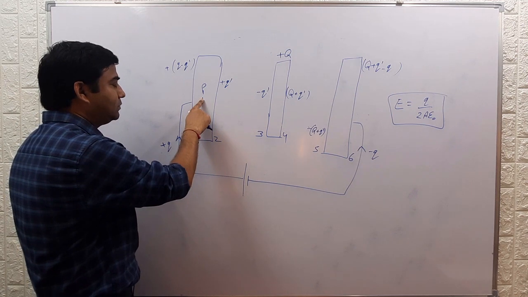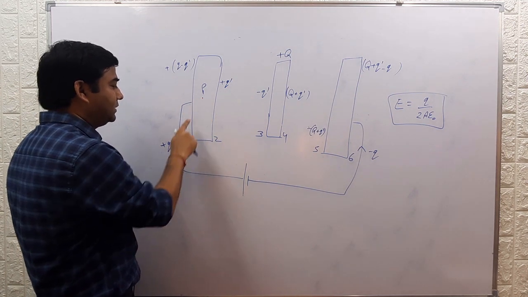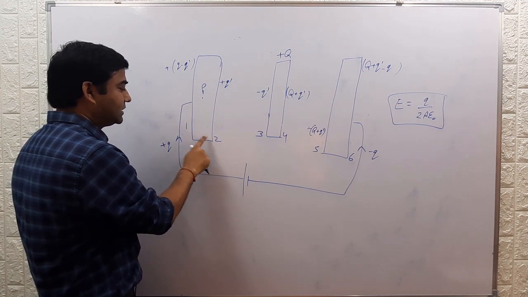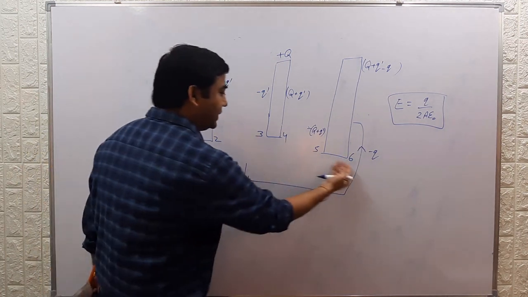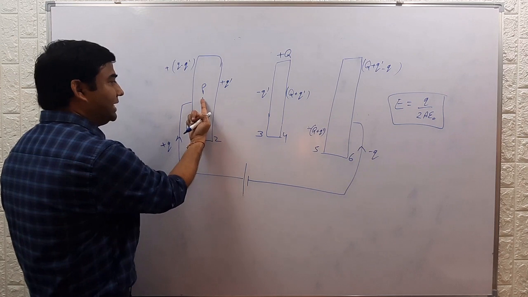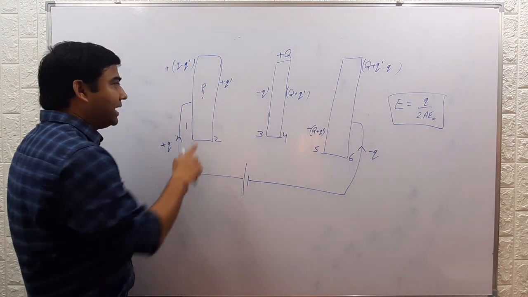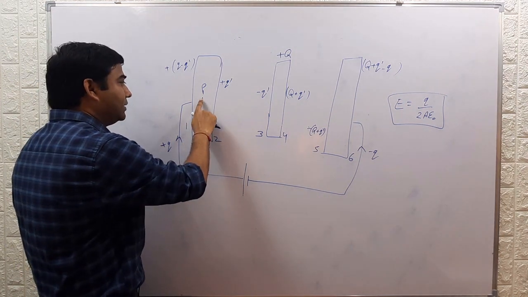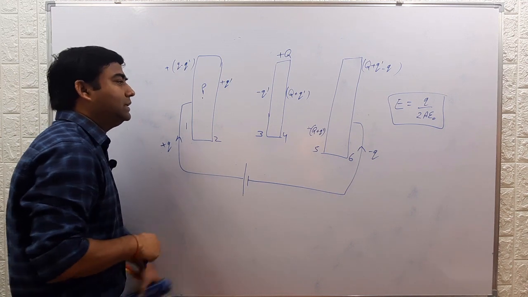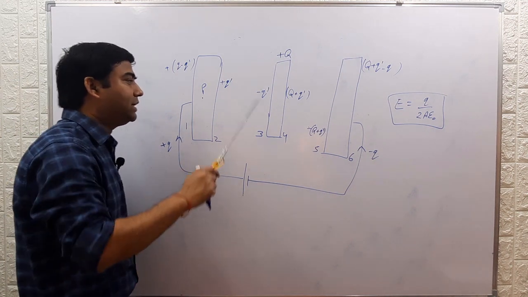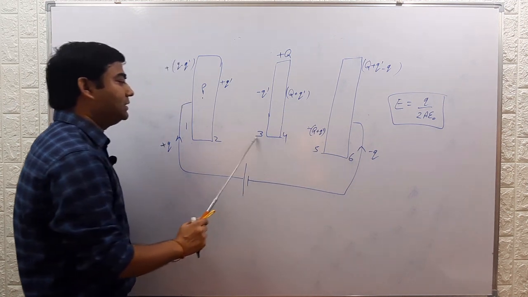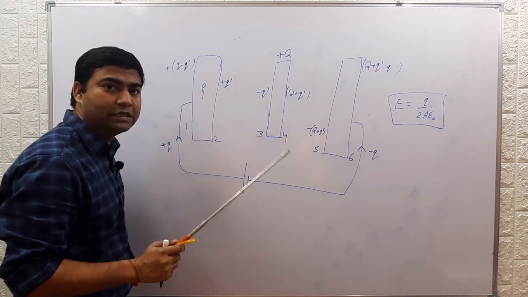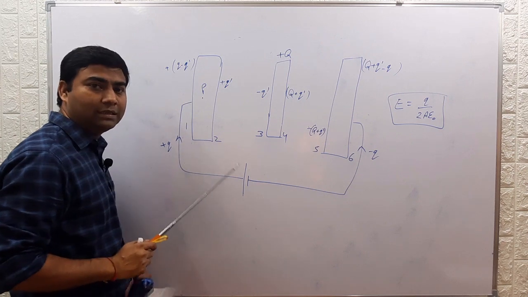We will find at this point the electric field due to every individual surface: 1, 2, 3, 4, 5, 6. Every surface will create its own electric field at point P, and the resultant electric field at point P will be the net resultant of the electric fields created by every surface, and that will be 0 because this point is inside the conductor.